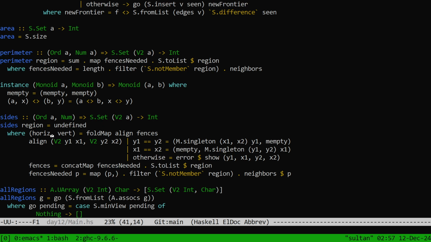So now I have a pair of maps of walls grouped by what cells they're in between, kind of. So I think I was going to define a function called sides, but that's what I'm in the middle of. Darn. I don't know what to call this function.